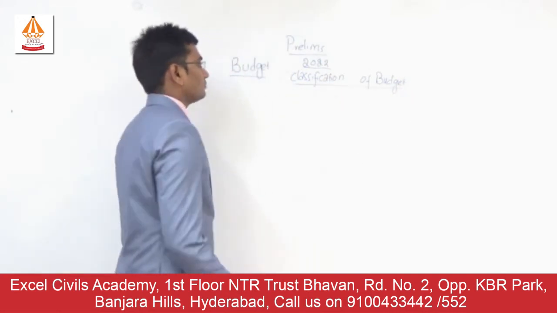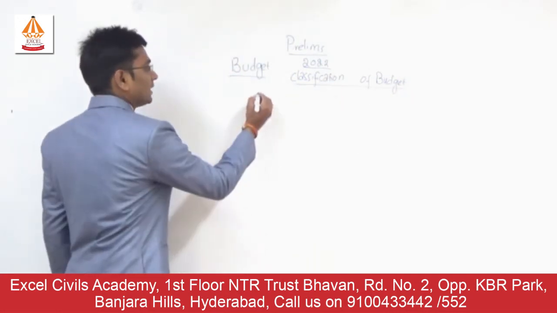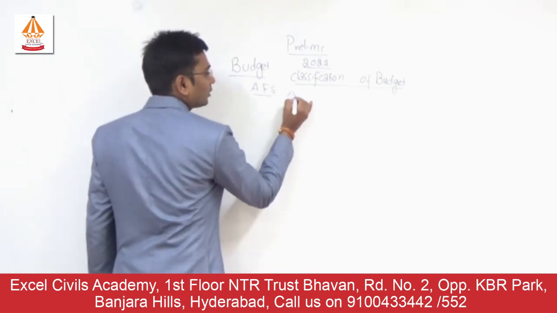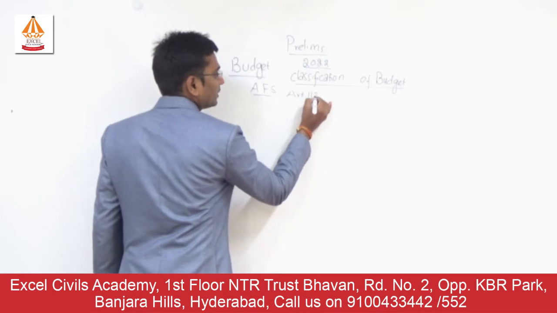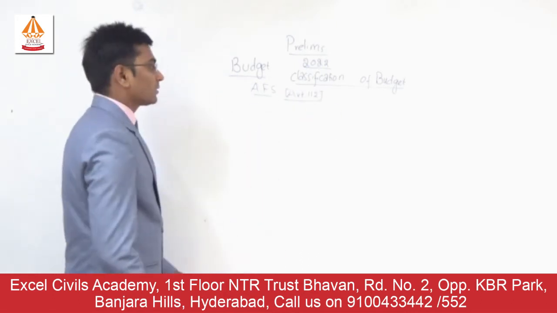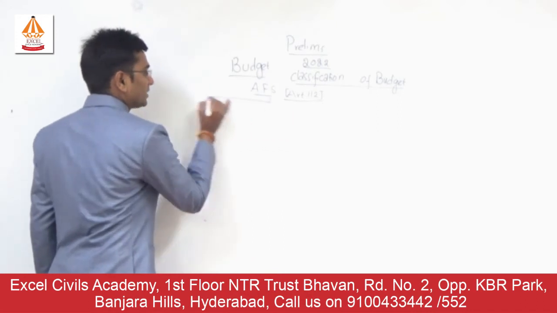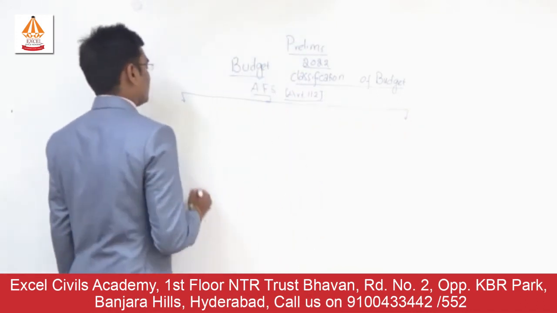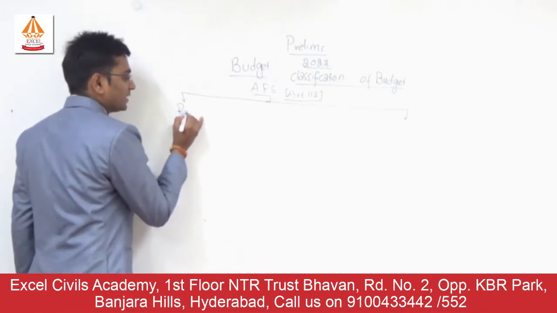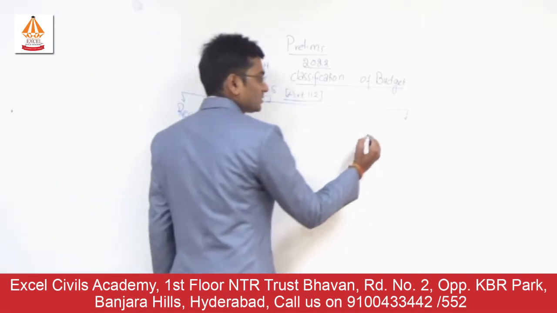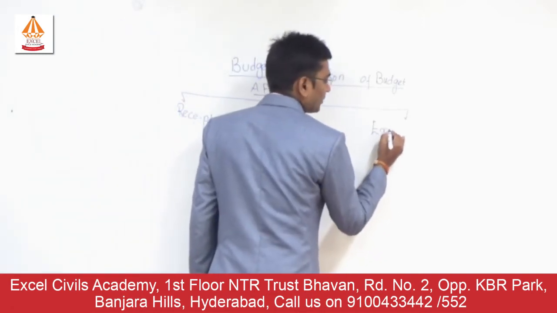Now first thing, budget as such is called the annual financial statement in Article 112 of the Indian Constitution. That is what we discussed in our earlier class. The annual financial statement has two components: receipts on one side, and expenses on the other. This is what the budget is.